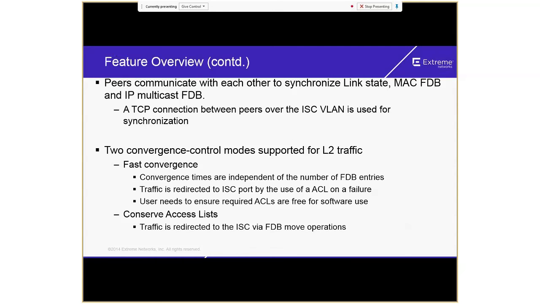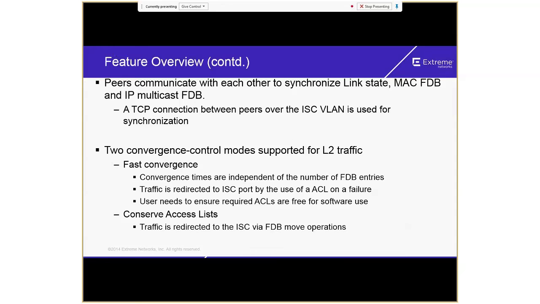The other convergence control mode is conserve access list. So one I told you, fast convergence: the switch just forwards the traffic onto the ISC link, so it helps to forward the traffic immediately, so there is no delay.